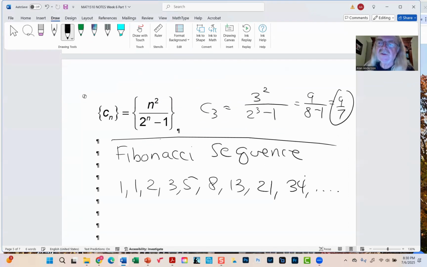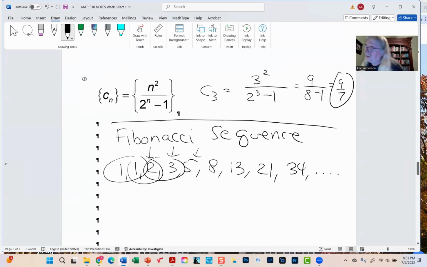For each term, except for the first two, each one is the sum of the previous two terms. So 2 is 1 plus 1, 3 is 1 plus 2, 5 is 2 plus 3, et cetera. So this is considered to be a recursive sequence.